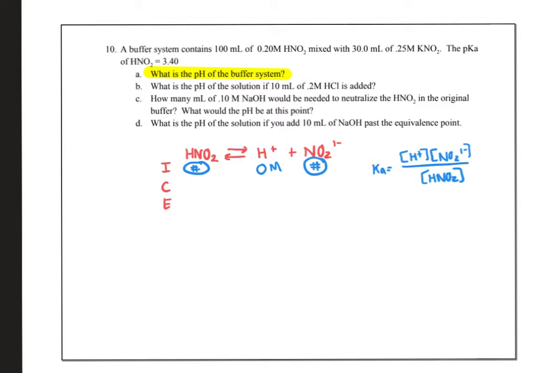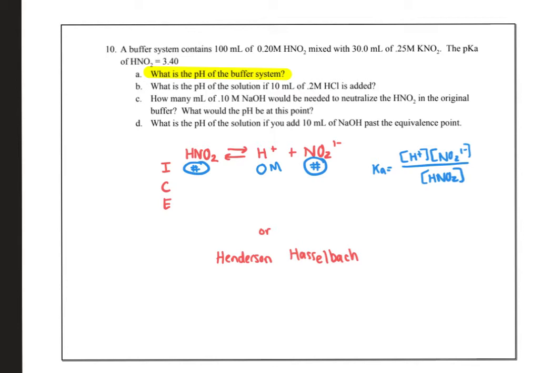Or I can do the Henderson-Hasselbalch, which is kind of a shorter equation to help you solve for the pH of a buffer system when you have a weak acid and its conjugate. We always do the base over the acid, remember, in that Henderson-Hasselbalch equation.